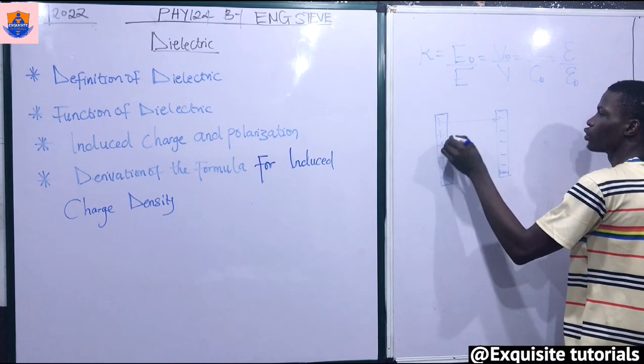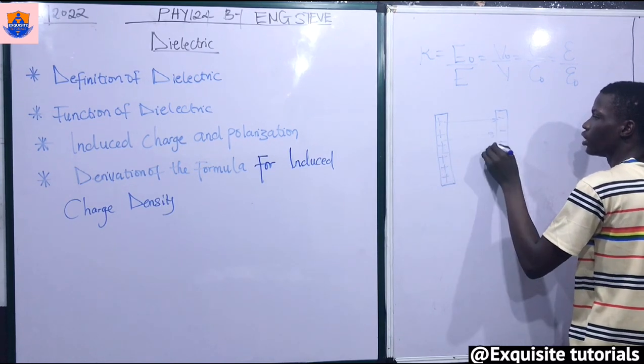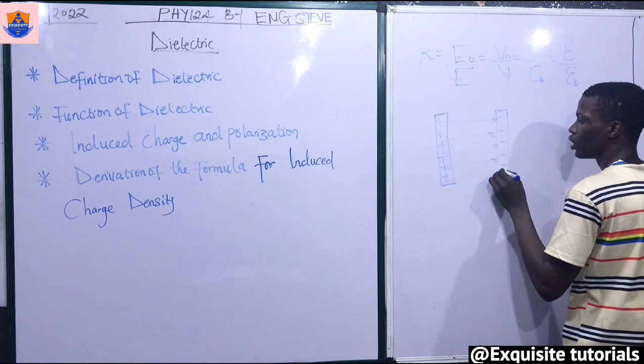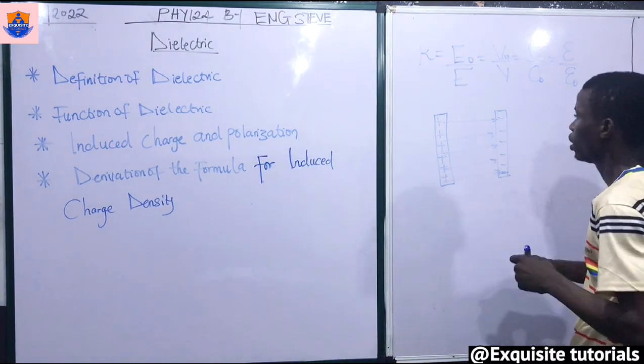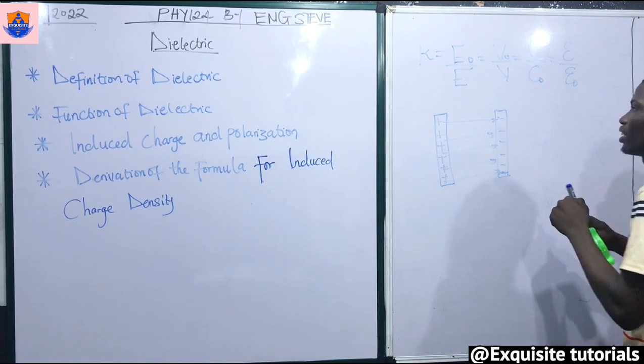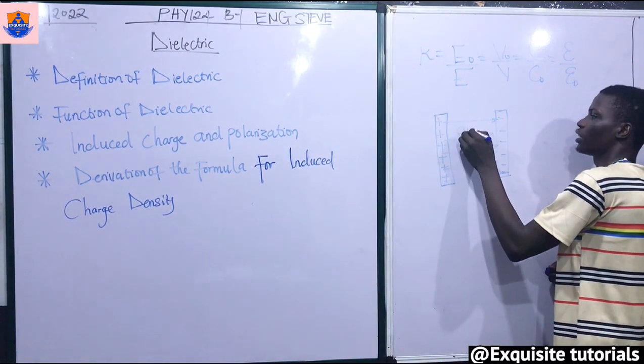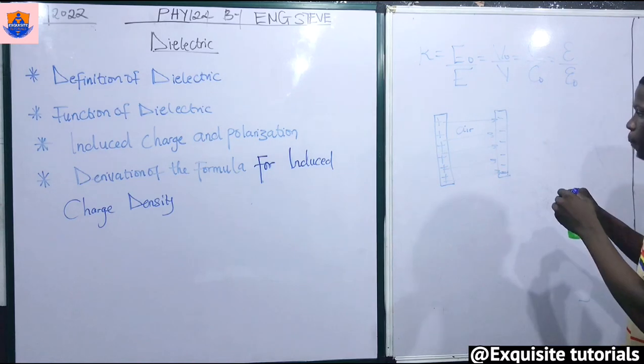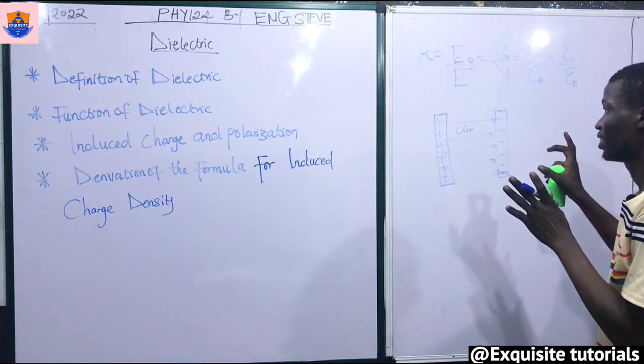The electric field flows from here to here. In a normal system, let's assume it's air that is found there. This is just a normal system.